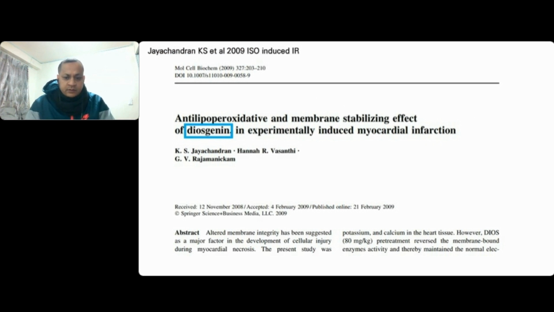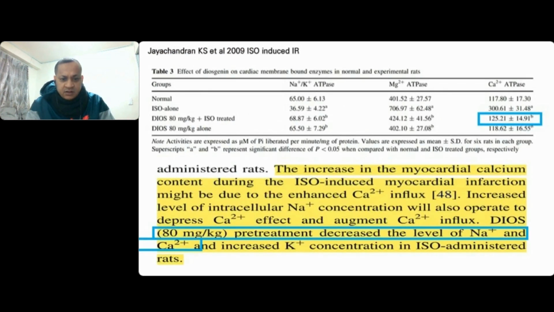Another interesting article was published on diosgenin. In this article they said that diosgenin pre-treatment decreased the level of sodium ion and also calcium in the tissue.